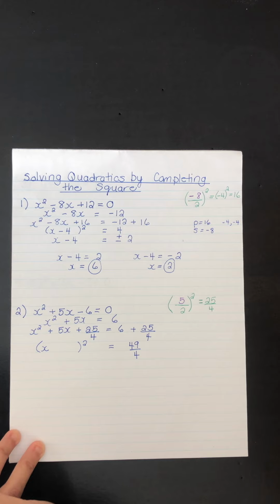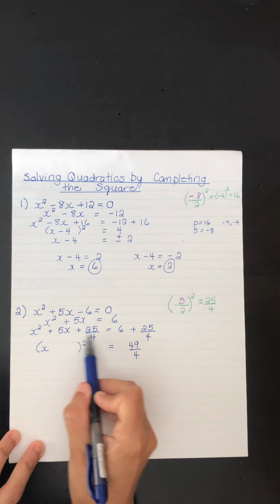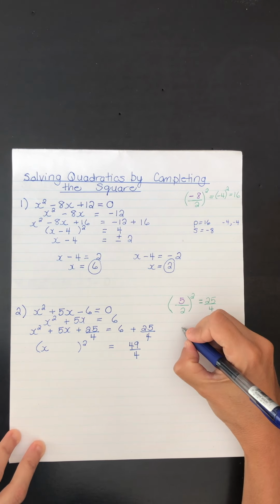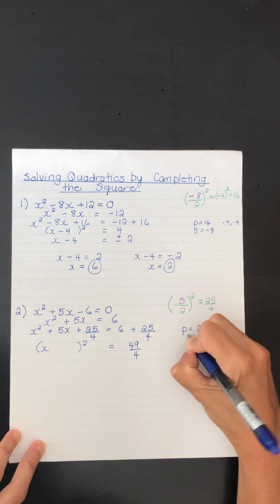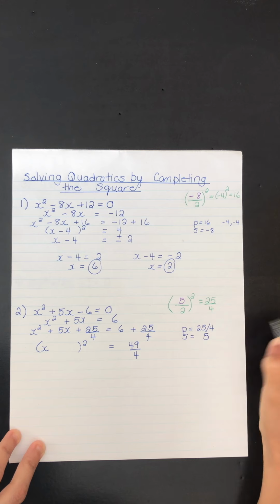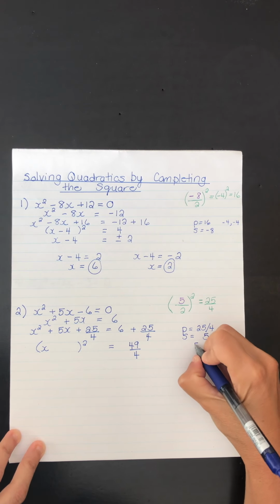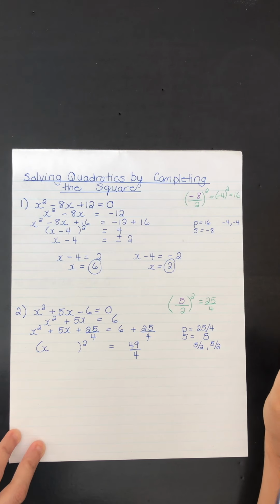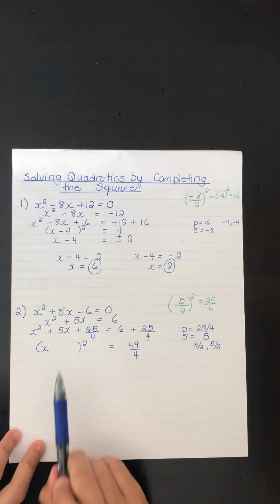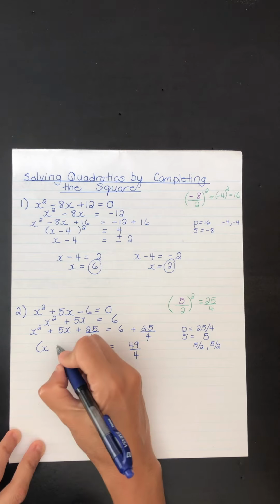So, remember what we can do is we can say, if we were going to factor this, we'd say, oh, we want a product of 25 quarters. We want a sum of 5. What are those numbers? 5 halves and 5 halves. So we would get x plus 5 halves times x plus 5 halves.